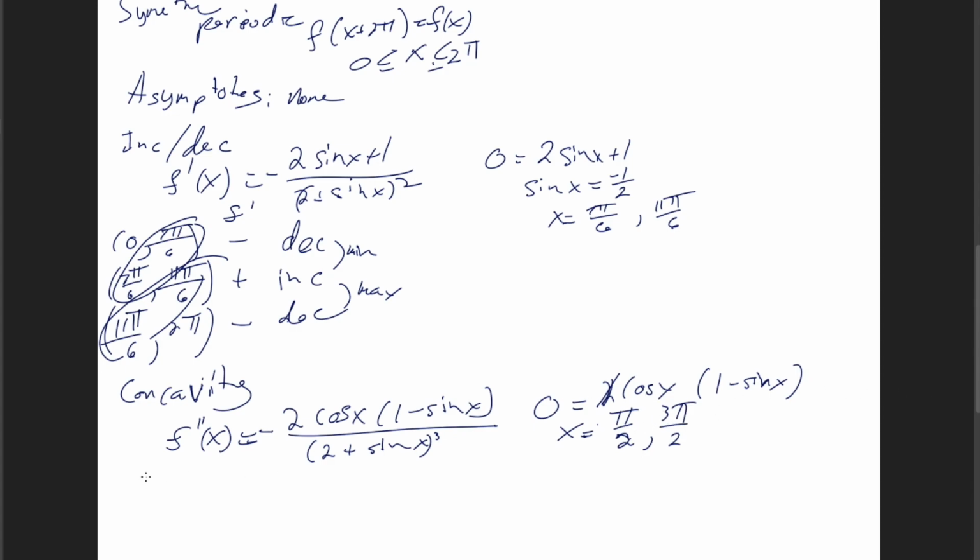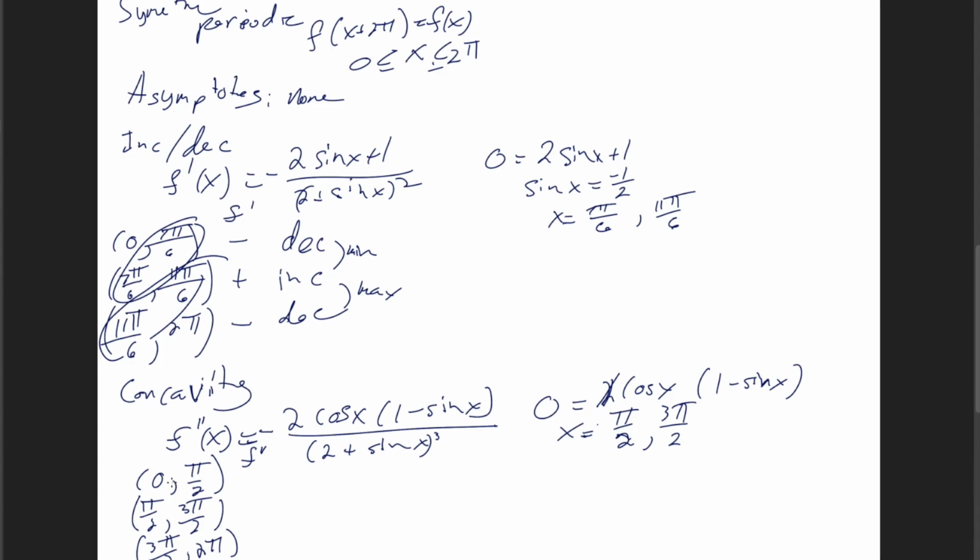Okay, so let's go ahead and put that in. So we're going to go from 0 to pi over 2, and we're going to go from pi over 2 to 3 pi over 2, and then we're going to go from 3 pi over 2 to 2 pi. And so we're going to look at f double prime. Sorry, it's getting a little bit cramped. So let's plug in a value here. Let's plug in, I don't know, pi over 4.